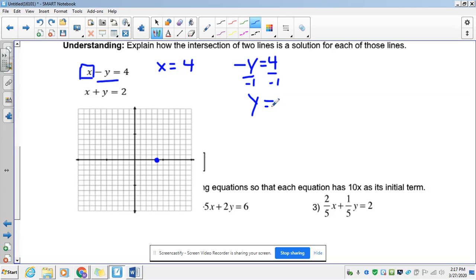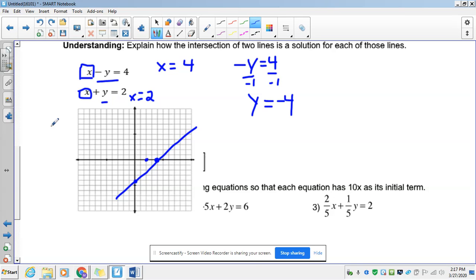So now I have my y-intercept of a -4. So that's down 4, 1, 2, 3, 4. So there's our first line. So now let's look at the next one. Again, separate your x's. And that gives me x is equal to 2.